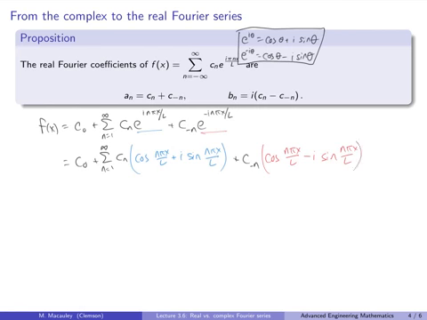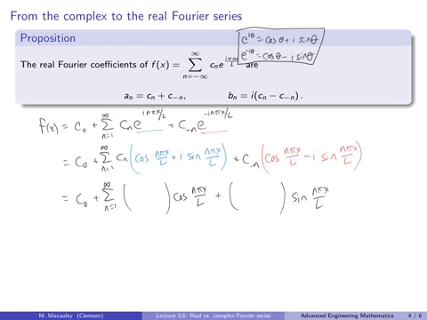Okay, so now as before, let's collect terms. Let's put the cosines together and put the sines together. So c naught stays the same. Now we have the sum from 1 to infinity. And how many cosines do we have of n pi x over L? So we have some number of cosines, and then we have some number of sines, sine of n pi x over L. Okay, so let's see.